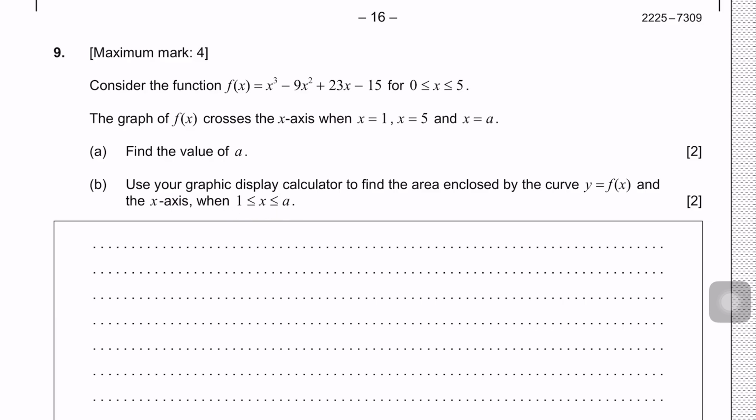Okay, so the first one, let's just find out what the value of a is. Essentially, this is the situation we have. We have some bounds that are given to us. So x is greater than or equal to 0 and less than 5. So we're only really concerning ourselves from this point to this point, and they tell us that it crosses the x-axis when x is equal to 1, when x is equal to 5, and then some other point.